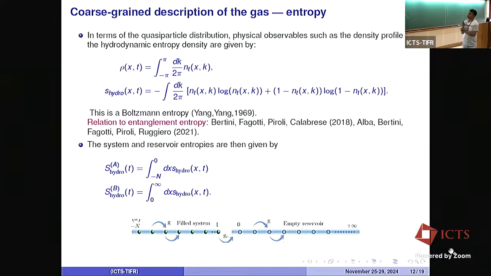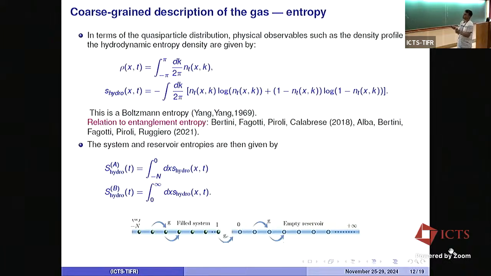Okay, so now how do you compute entanglement entropy from this phase space density? So here we discuss this. If you just integrate the density profile over all momenta, that gives the local density.